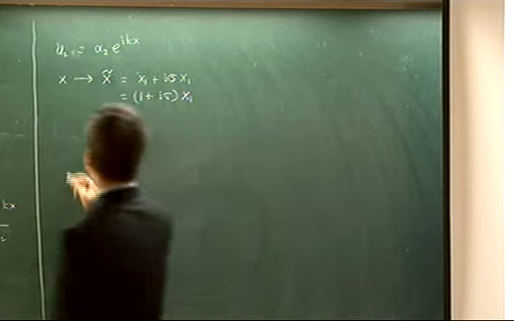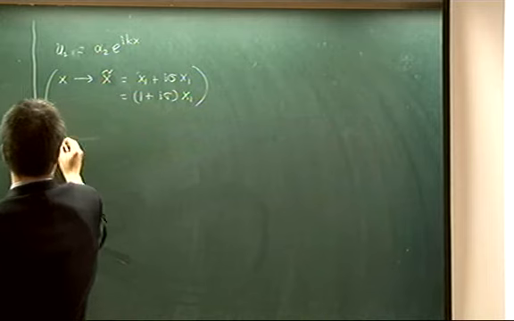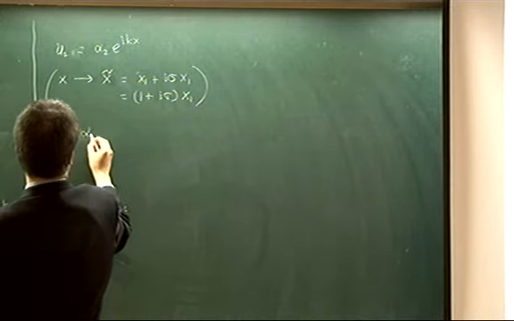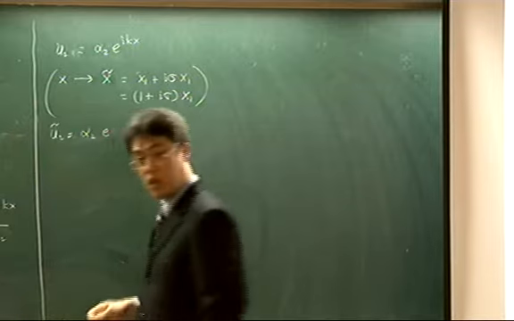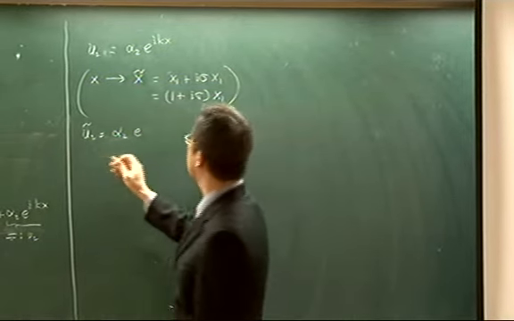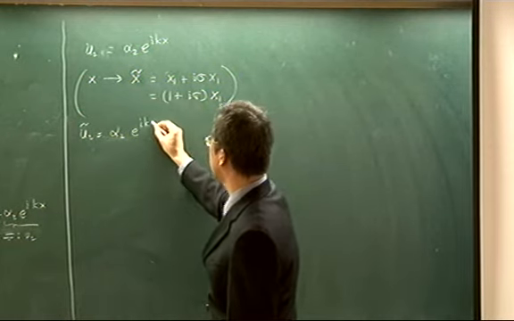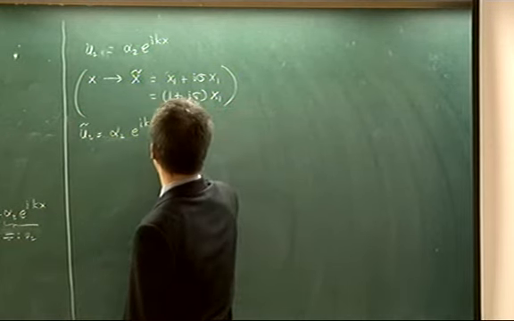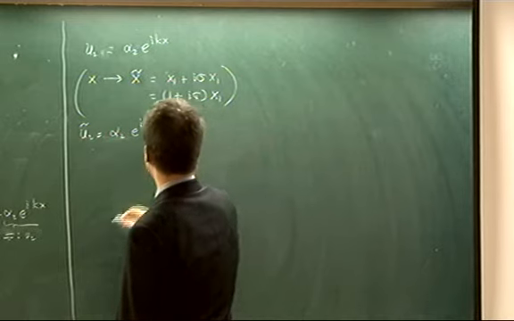Then u2 equals alpha 2 exponential function ik x tilde, where x tilde means 1 plus i sigma times x1.